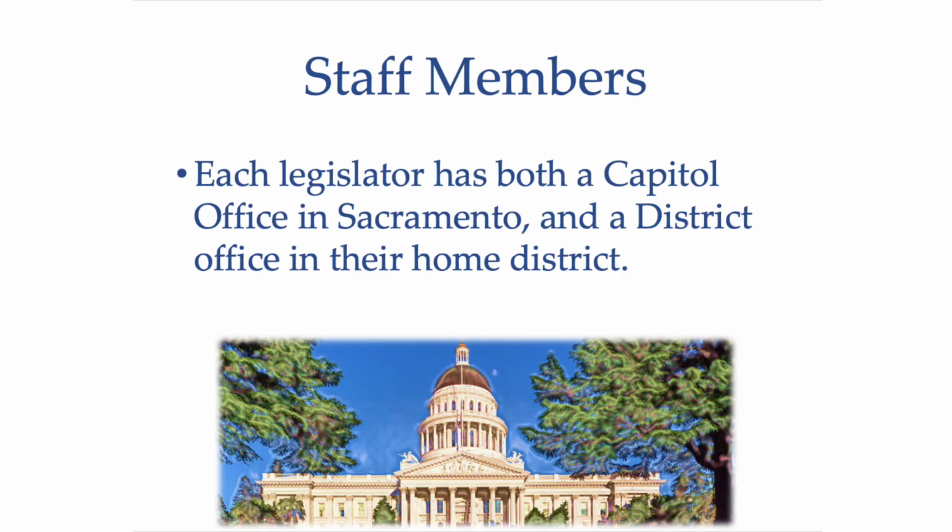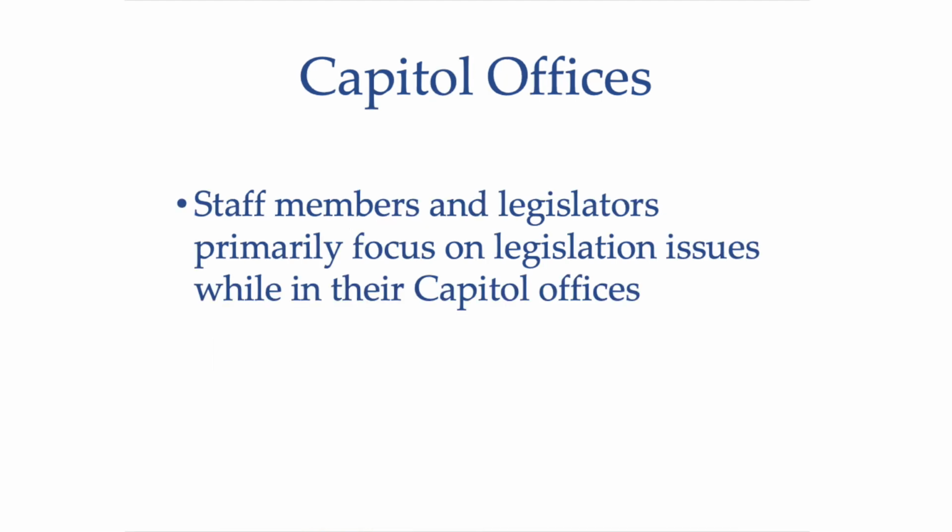Now, you might wonder, why does a legislator have multiple offices? Well, it's actually kind of simple. If you look at the Capitol in Sacramento, the focus of the work that's done there in those offices is primarily focused around legislation and new laws being created for California.